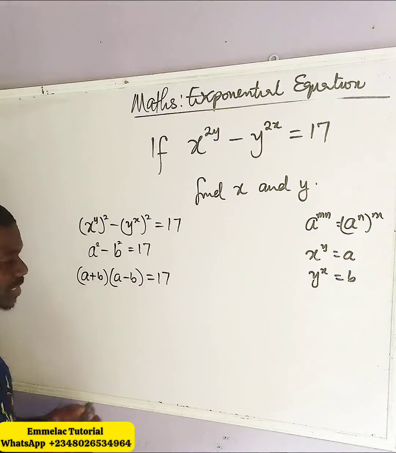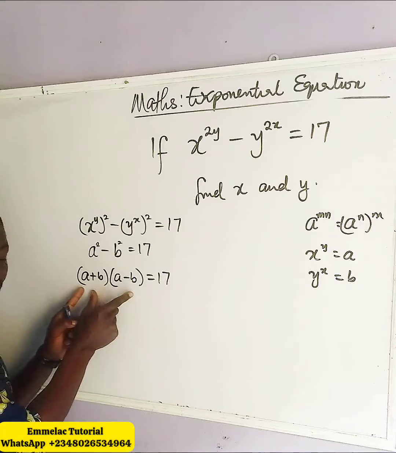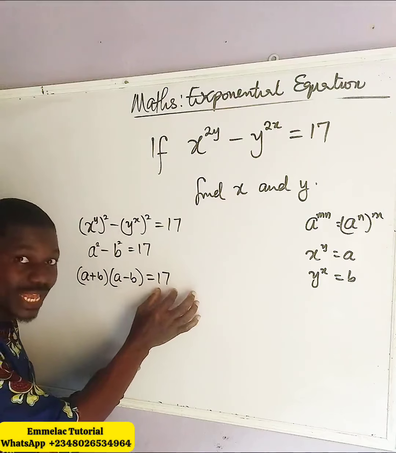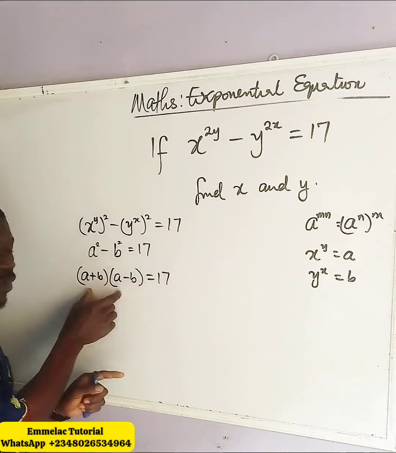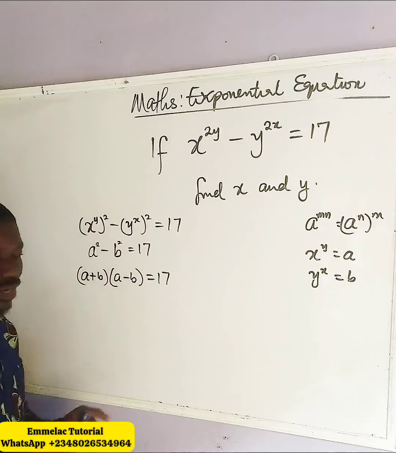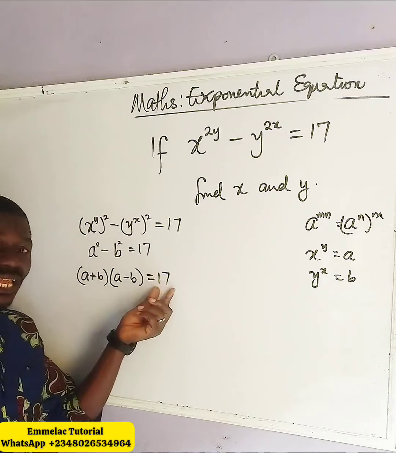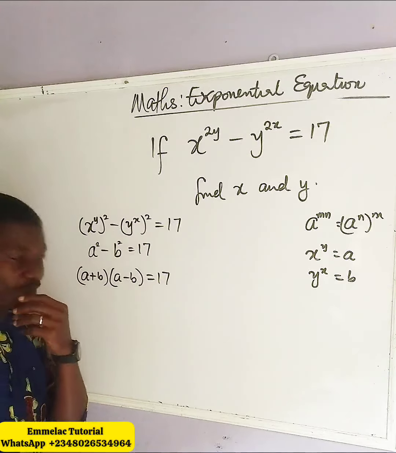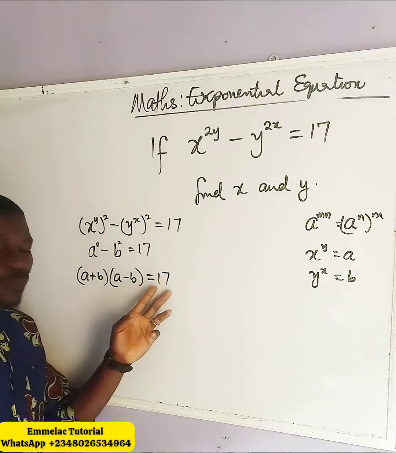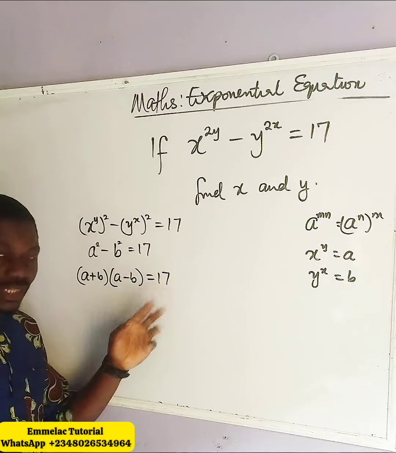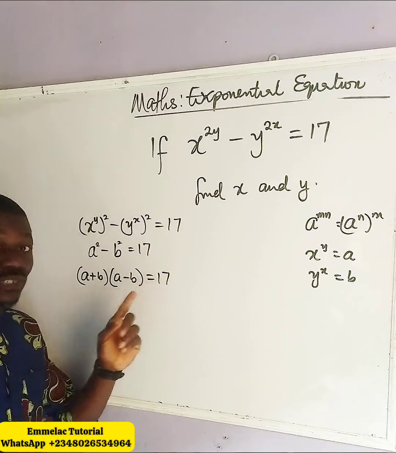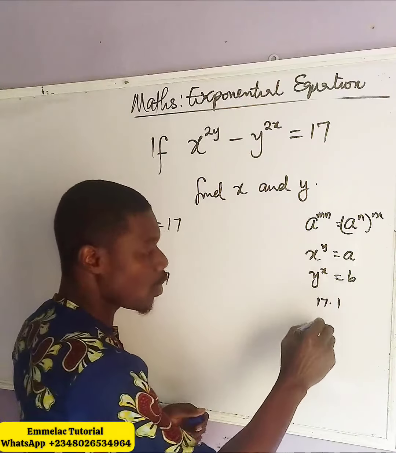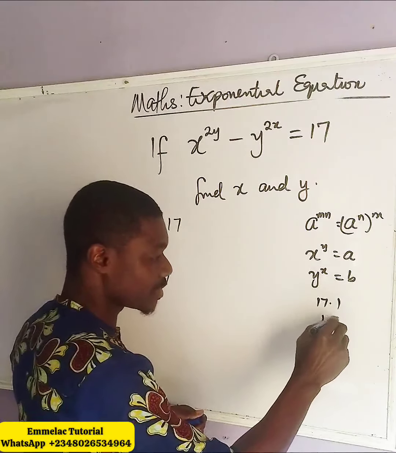Which also implies that there are two terms here that correspond to these two terms. However, 17 here is an odd number. So the only two possible terms that will multiply to give you 17 are either 17 times 1 or 1 times 17.